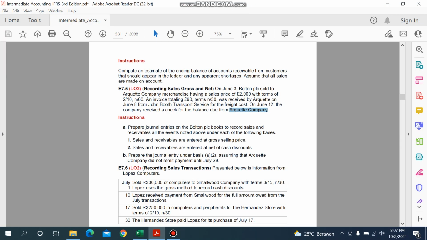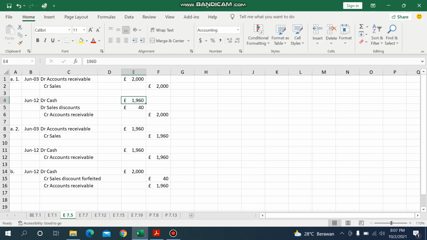And then we go on to the net of the cash discount method. Once again, you will record the accounts receivable and sales at the amount net of the cash discount already. So that's why on June 3rd, you will record the amount of 1960 already.